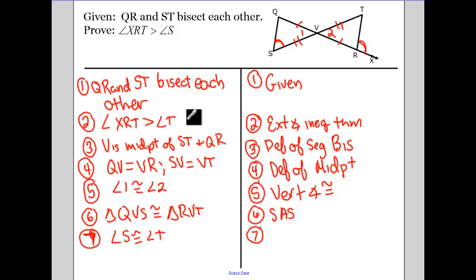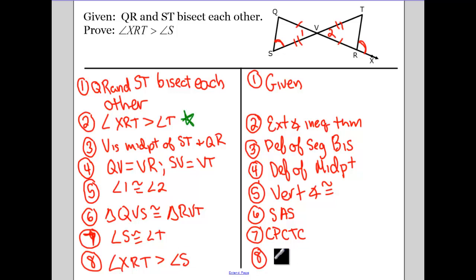Because if you remember back here, we knew angle T was greater than XRT. So therefore, that's going to help us get our proof of angle XRT being greater than angle S because of substitution.